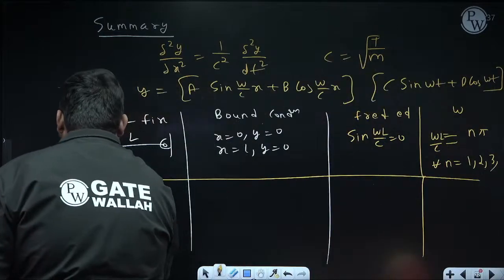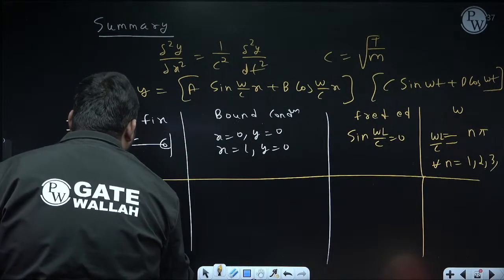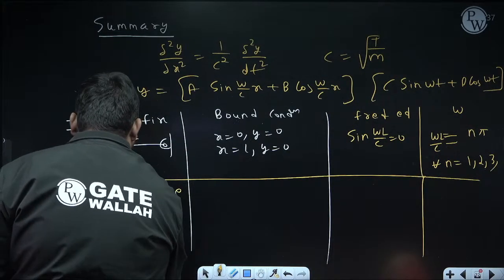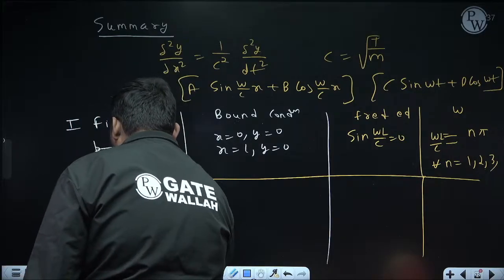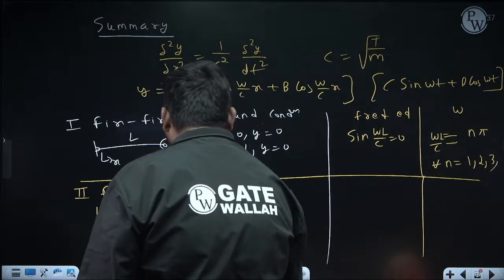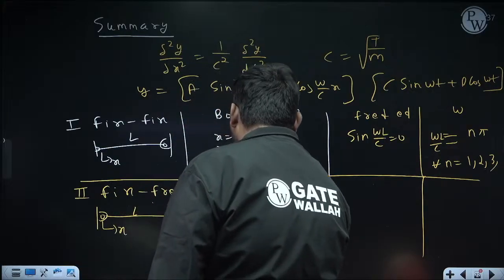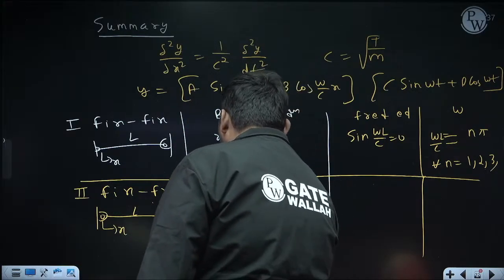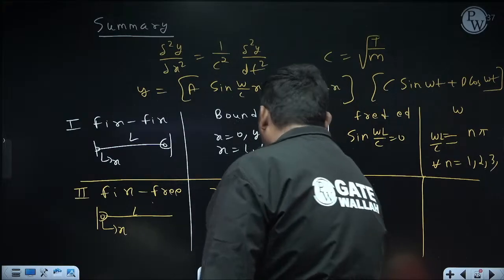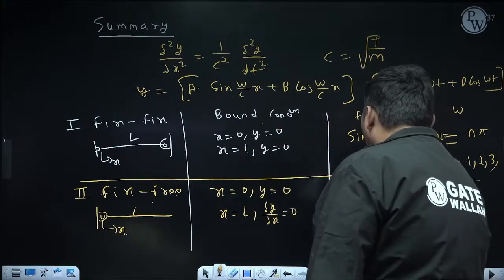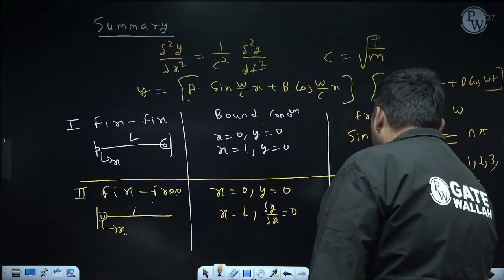The second is the fixed-free connection. Suppose I am taking x from this location. Right now at x equal to 0 it is fixed, so at x equal to 0, y is 0, and at x equal to L it is free, so del y by del x is 0. Here the frequency equation comes in terms of cos, so cos(omega L by C) is 0.